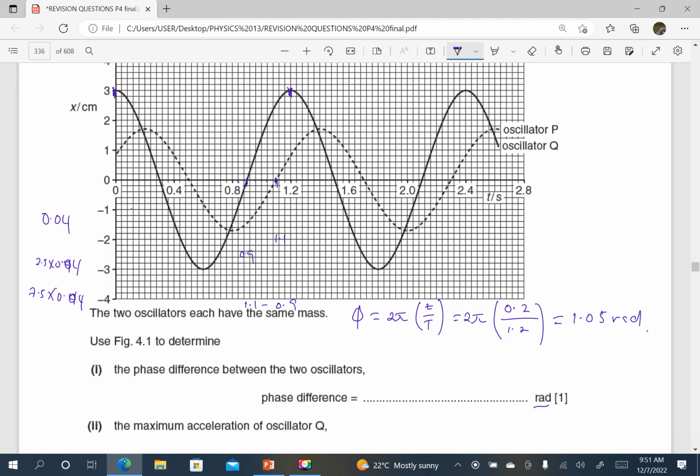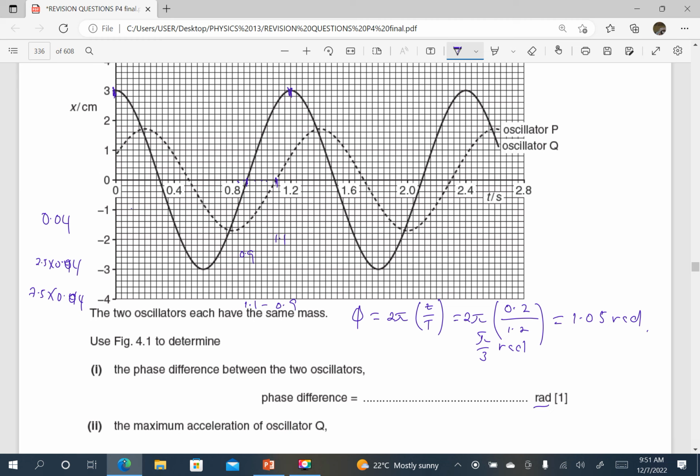And I think this is the same as, let me see, as a fraction. When I change this it will be 2 over 12, that is 1 over 6. Yes, 1 over 6. So this becomes pi over 3 in radians.